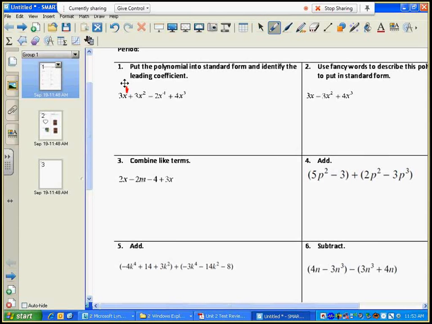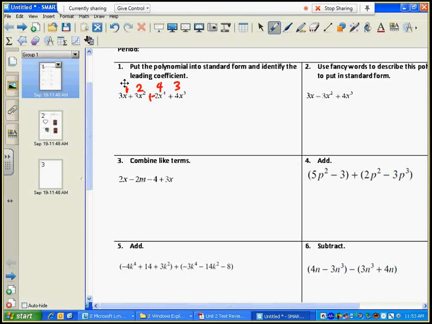This degree is 1. Then this one's degree is 2. That's just adding up the exponents of each term. This degree is 4. This degree is 3. So I'm putting it in order from greatest to least, and I make sure my negative stays with the right term.